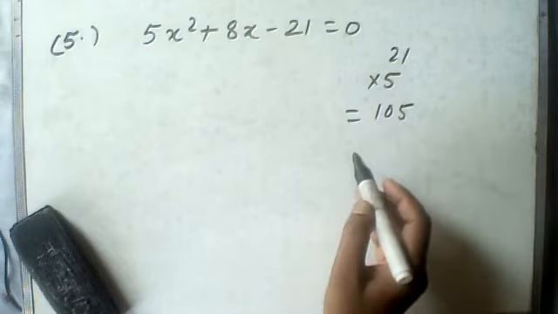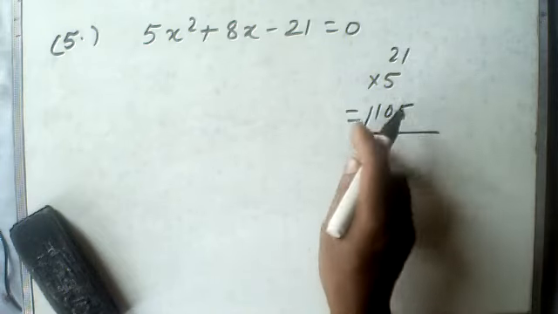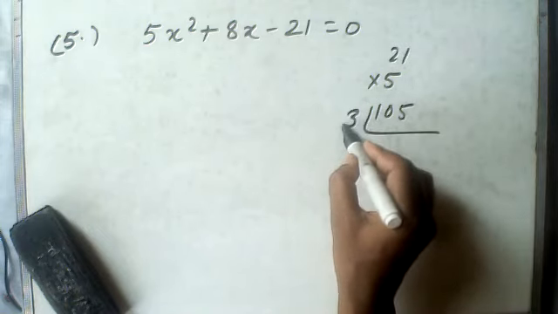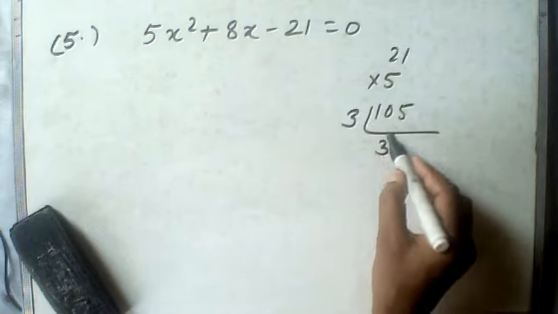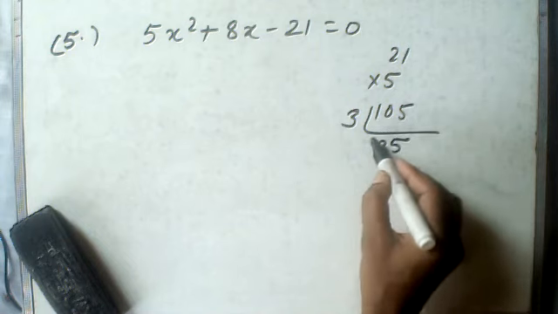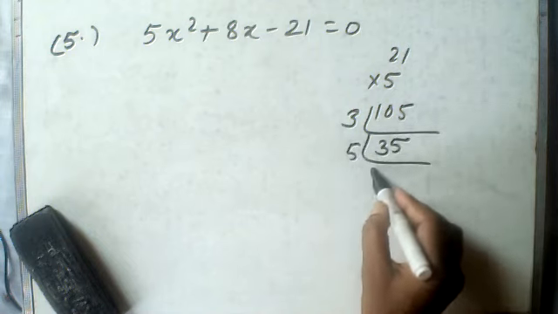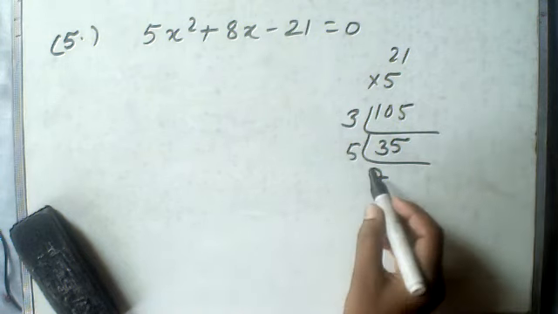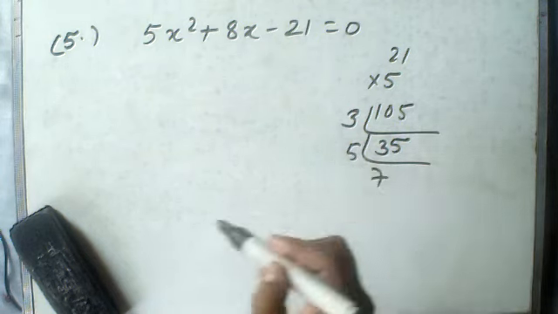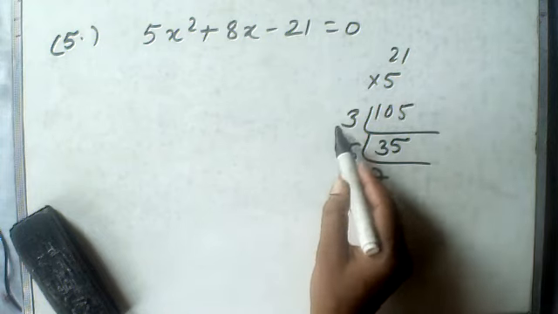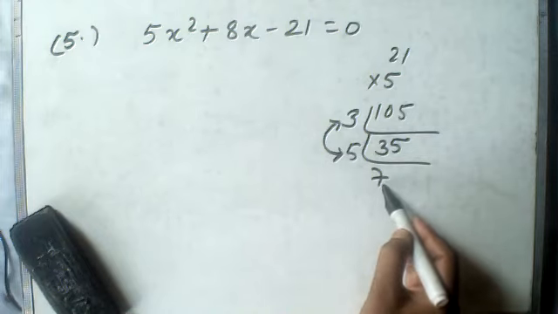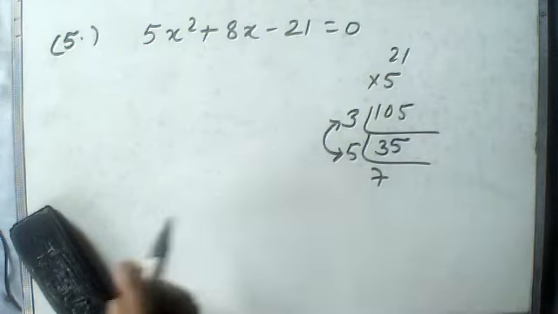Now we need two factors of this 105. So we divide this by 3: 3 3s are 9, 3 5s are 15, 5 7s are 35. So we have three factors, but we need to group them into two factors. 3 and 5, 3 5s are 15, and 15 minus 7 gives 8.